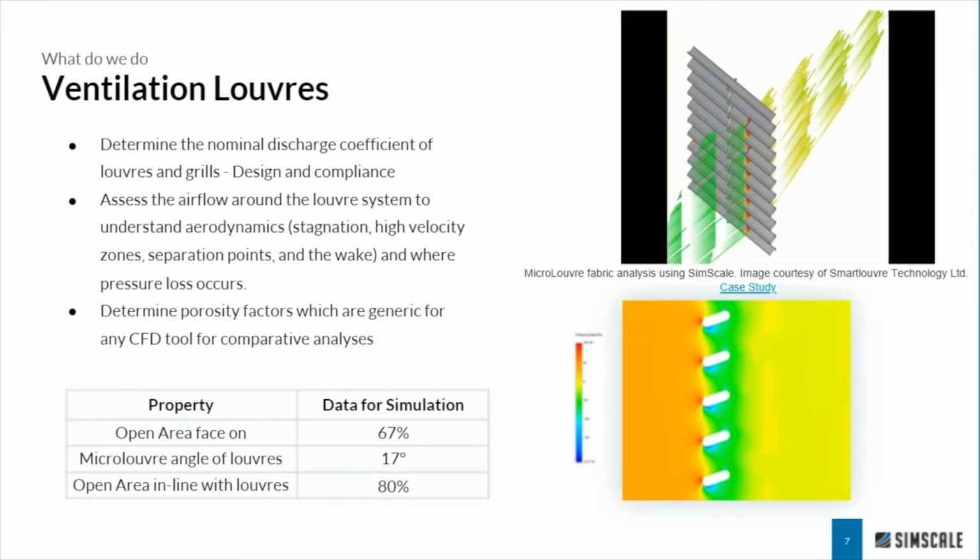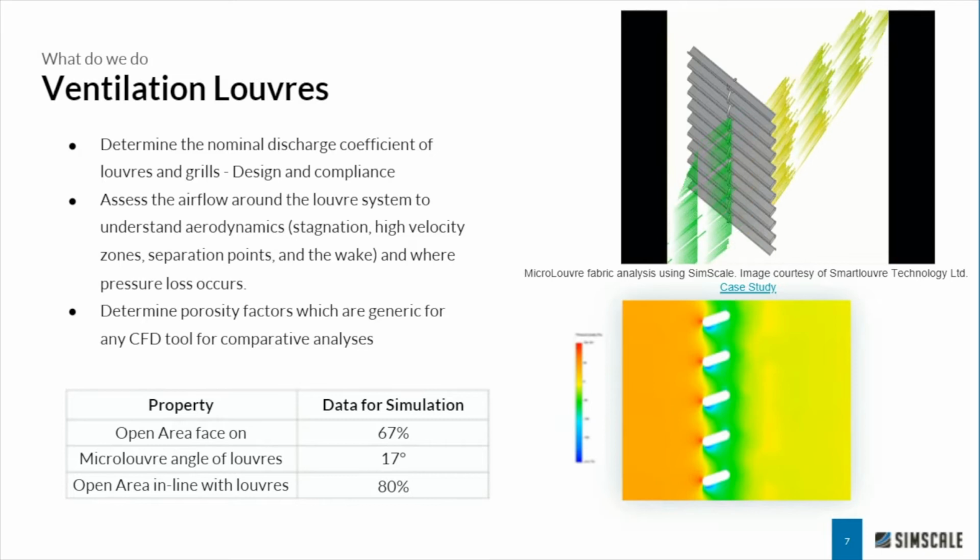And it's a solar shading and natural ventilation louver system. And with SimScale, smart louver could assess the performance characteristics of the micro louver screens, such as the discharge coefficients and the solar thermal properties as well.